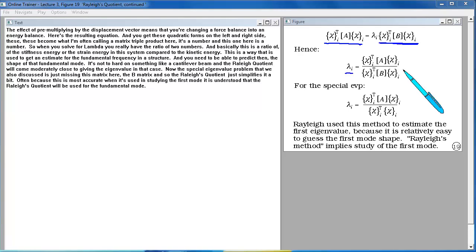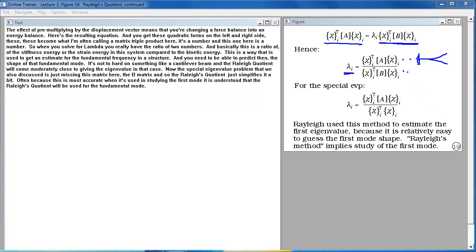Basically this is a ratio of the stiffness energy, or the strain energy, in this system compared to the kinetic energy. This is a way that is used to get an estimate for the fundamental frequency in a structure, and you need to be able to predict then the shape of that fundamental mode. That's not too hard on something like a cantilever beam, and the Rayleigh quotient will come moderately close to giving the eigenvalue in that case.